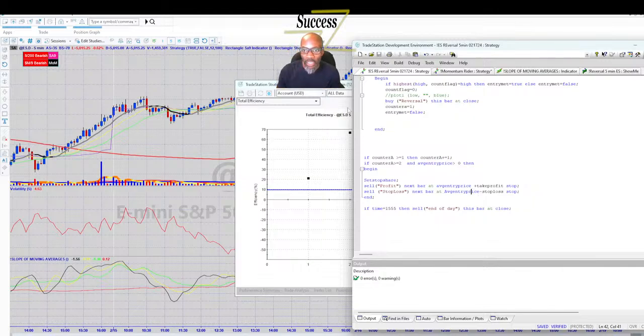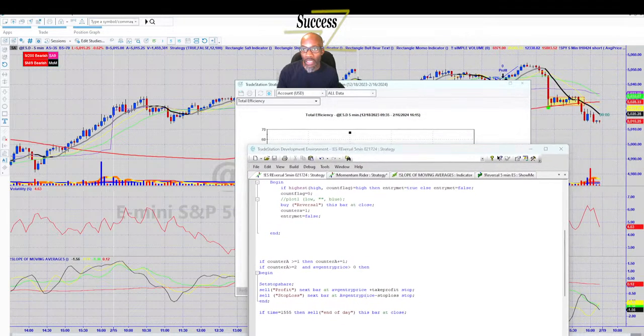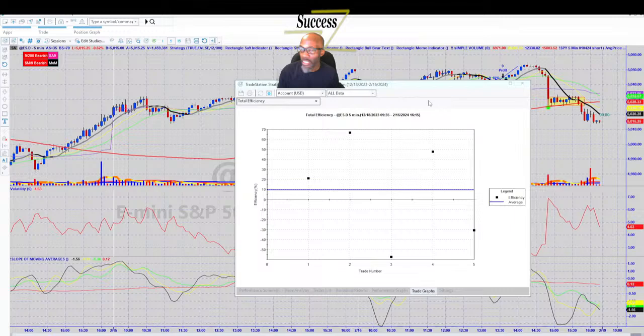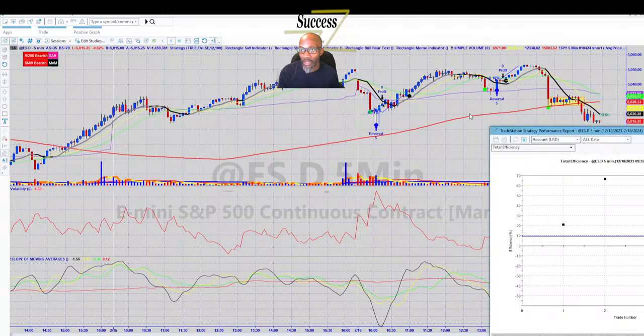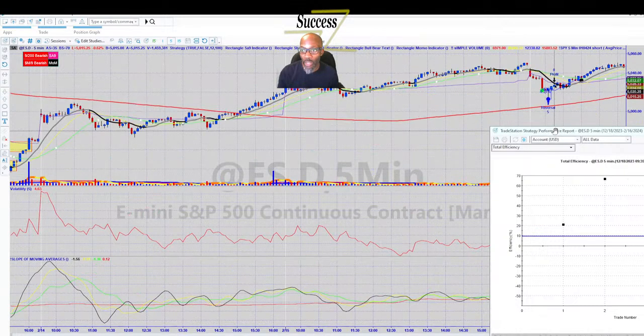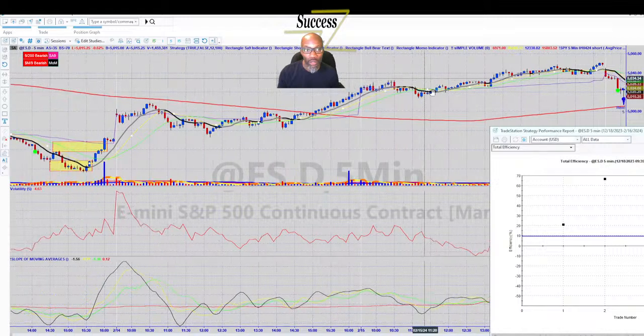Is it only going one bar? Is it really selling at the next bar, or is it setting a stop? I think it's selling at that next bar, so that means it's only getting one bar of breathing room before it sells.